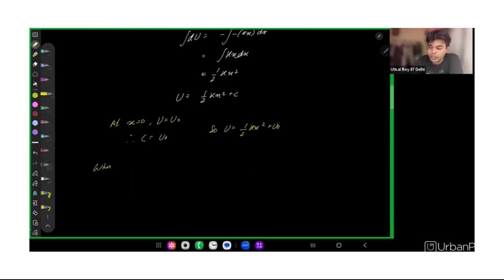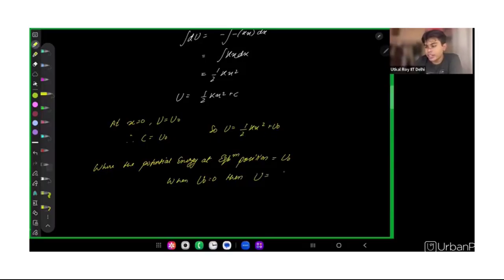Where the potential energy at equilibrium position is equal to u naught. When u naught is 0, then u equals to half kx squared, right?